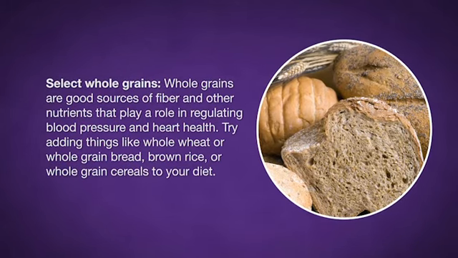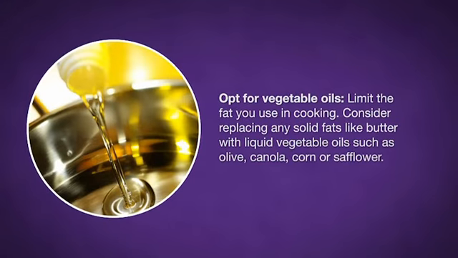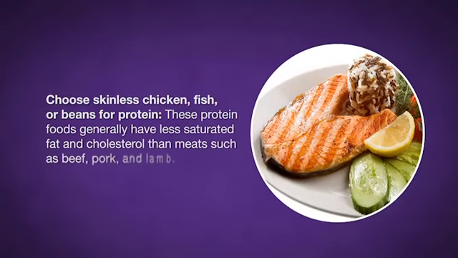Opt for vegetable oils. Limit the fat you use in cooking. Consider replacing any solid fats like butter with liquid vegetable oils such as olive, canola, corn, or safflower. Choose skinless chicken, fish, or beans for protein.